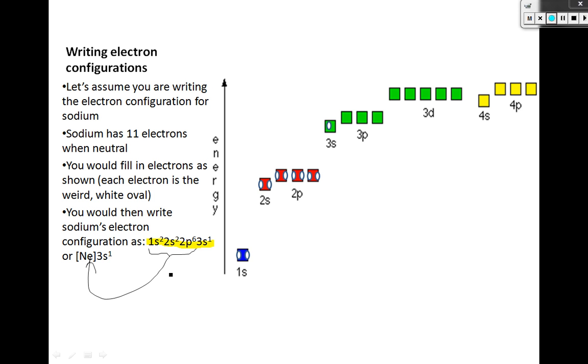And so we can write this as neon in brackets 3s1, because the 3s1 is what's different from neon. We can always go back to the previous noble gas. Now, if we had the next element, which I believe is magnesium, we wouldn't say sodium 3s2 or anything like that. We would still go back to neon and say neon 3s2. So we always go back to the previous noble gas if you want an abbreviation for that.